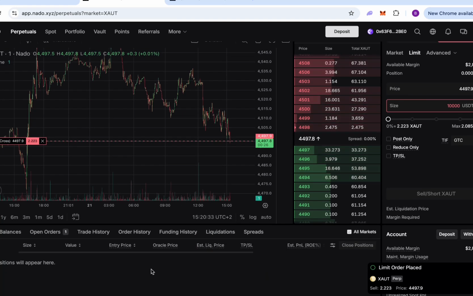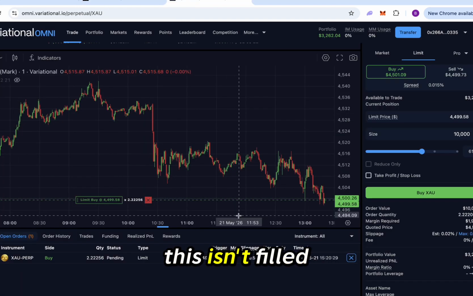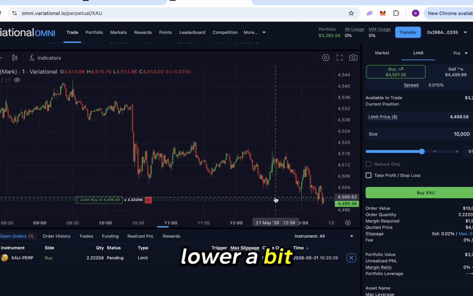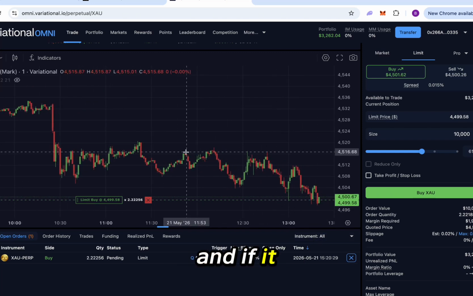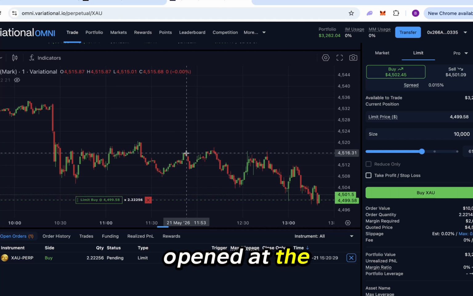If they are, this is filled. This isn't filled yet. Needs to go lower a bit before this is filled. And if it doesn't, I'm just going to do a market position, but you ideally want the trade to be opened at the exact same price, but that's really hard to do. Most often you lose or gain a couple of dollars on your position, maybe 10.